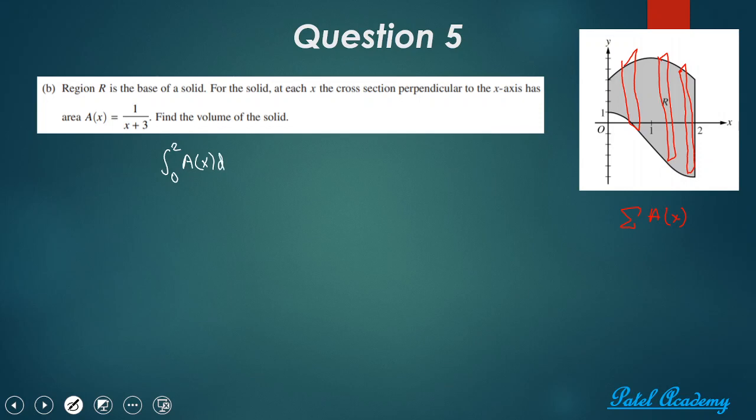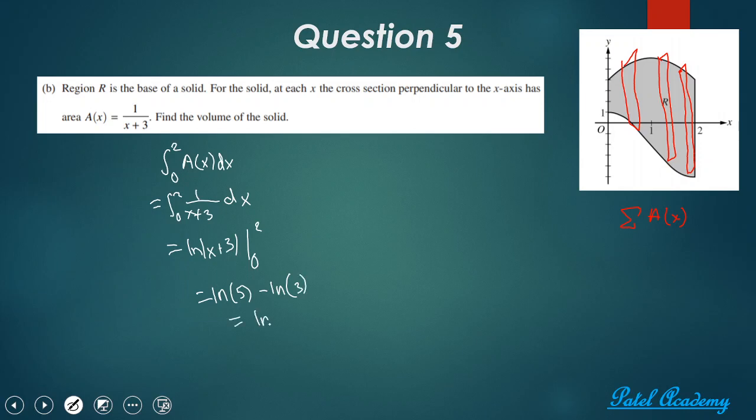And then we're taking this with respect to x, so we get the integral from 0 to 2 of 1 over x plus 3 dx, which is equal to, instantly you should think ln of absolute value of x plus 3 divided by the derivative, but the derivative of the bottom is just 1, so it stays as ln of absolute value of x plus 3, and then evaluated from 0 to 2. I get ln of 5, no absolute value needed because 5 is positive, minus ln of 3.